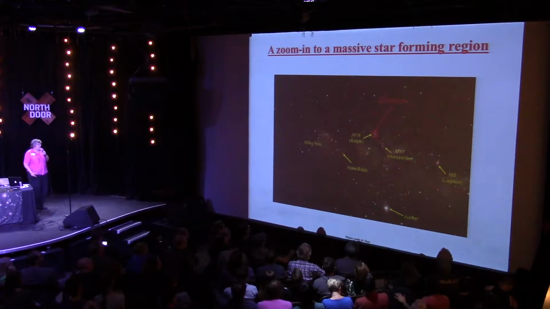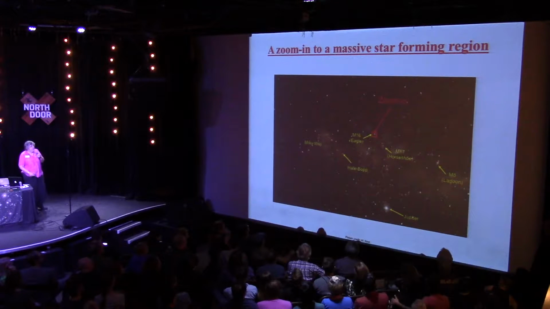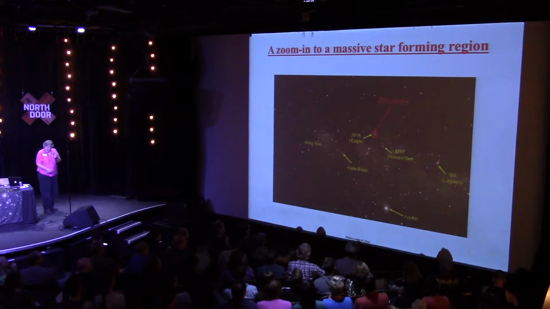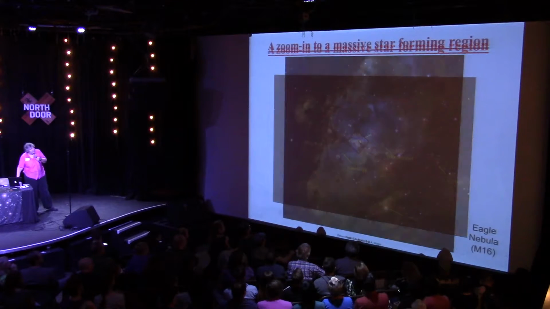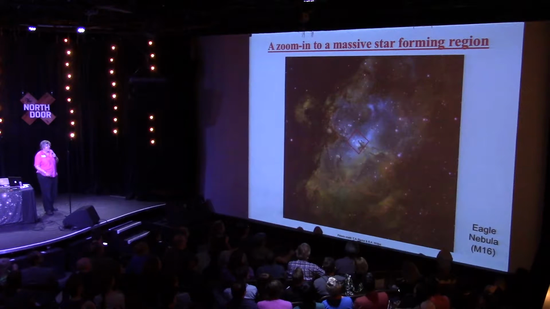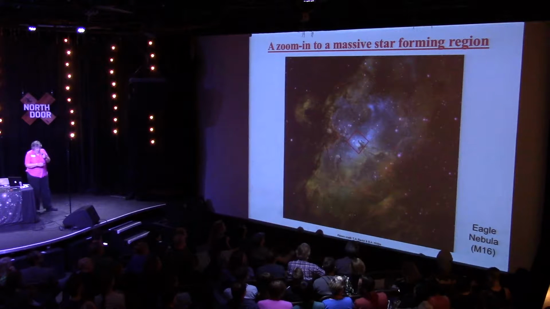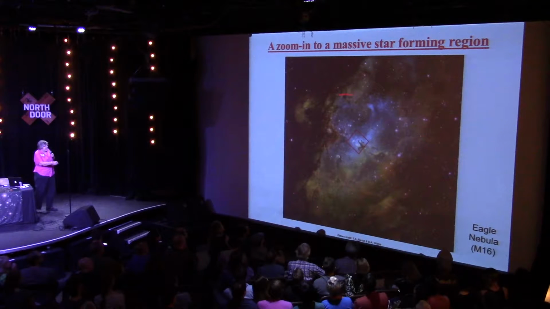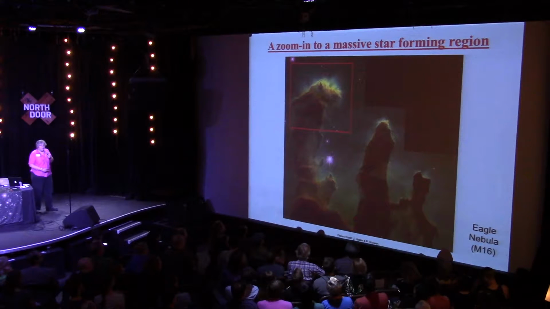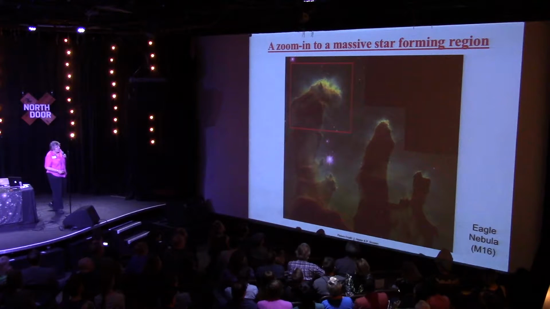So here's a picture of our Milky Way. Hale-Bopp's actually in this picture too, but you can't really see it, and various little things. And I'm going to zoom into this region here using Hubble Space Telescope pictures. So this is the Eagle Nebula, otherwise known as M16. It's a very pretty region. It's a star-forming region. There's a lot of gas and dust in this region. If I zoom in, you see what's known as the pillars of creation.